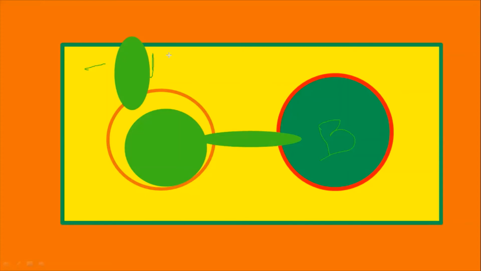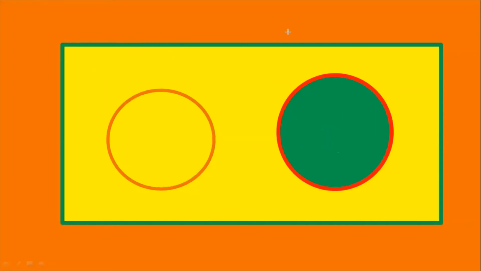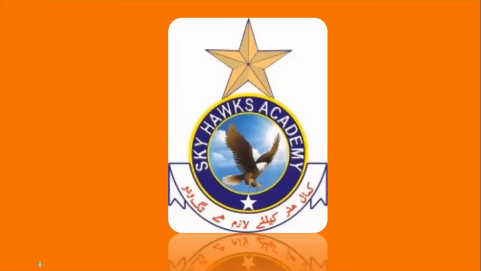Now I am going to clear all of this. Here we have the two sets A and B, and we move to the next screen.